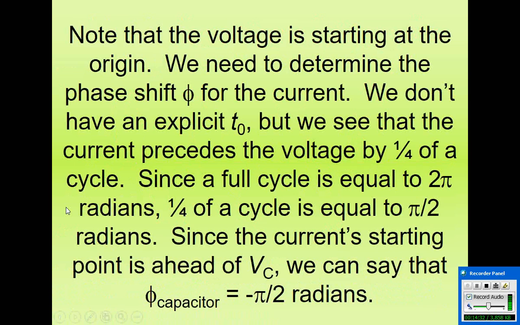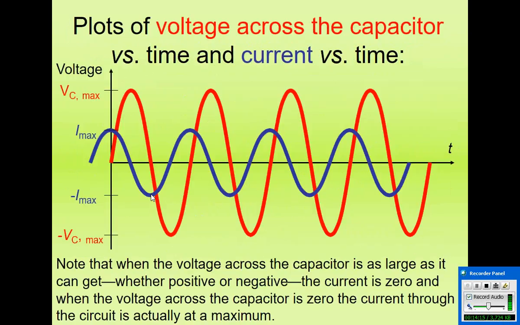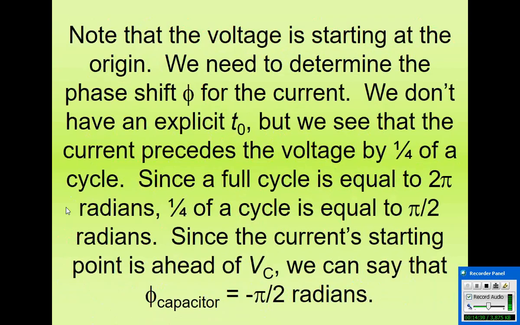If we take a look at the difference between the sinusoidal current and the sinusoidal voltage across the capacitor, we see that the current reaches a peak, and then a moment later, the voltage across the capacitor reaches a peak. And that moment in between the first reaching a peak and the second reaching a peak amounts to a quarter of a full cycle.